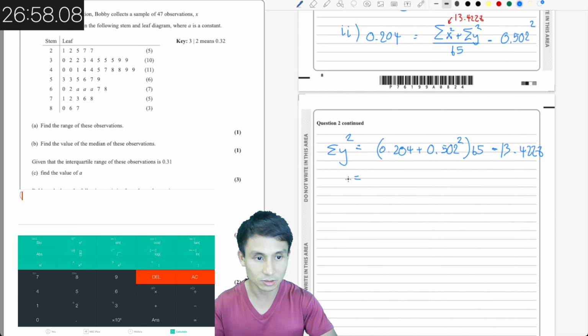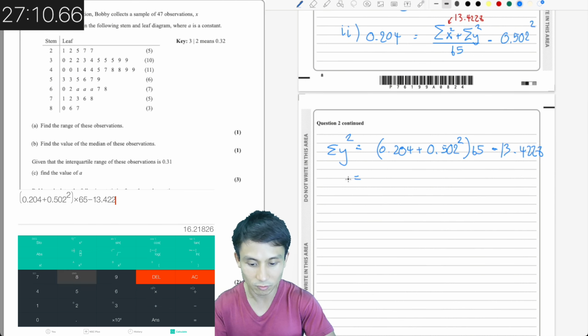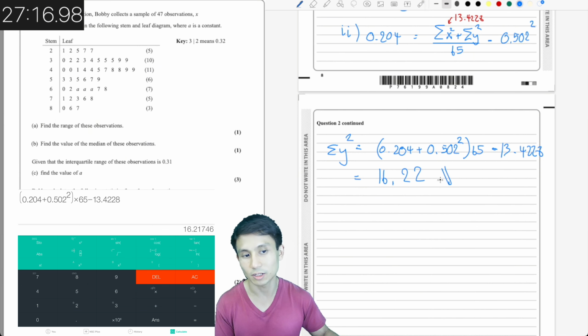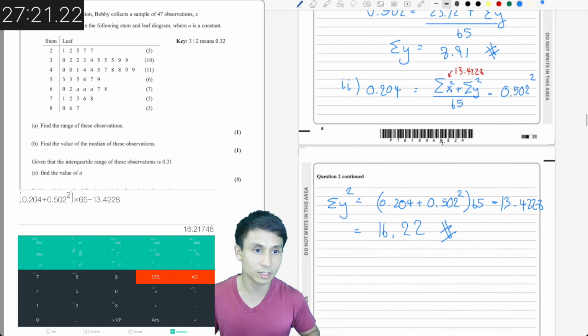So the answer to that would be our answer here. 0.502 squared bracket times 65 minus 13.4228. So that is 16.22. I'm just going to put it like that. So that's my working there, 3 marks.